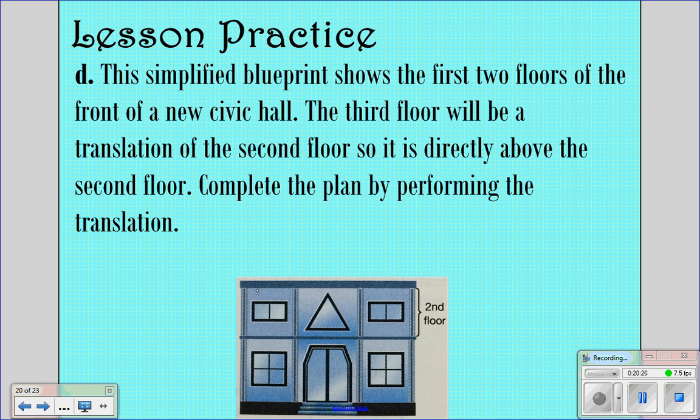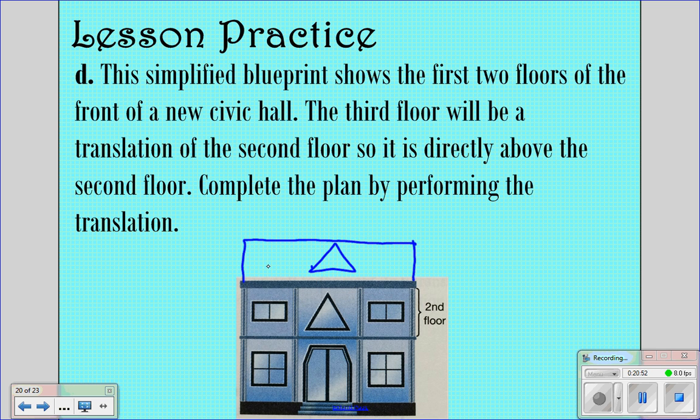So all we would do, it's a rectangle for the third floor. So we would start by making our little rectangle. And then we would have a triangle in the middle.